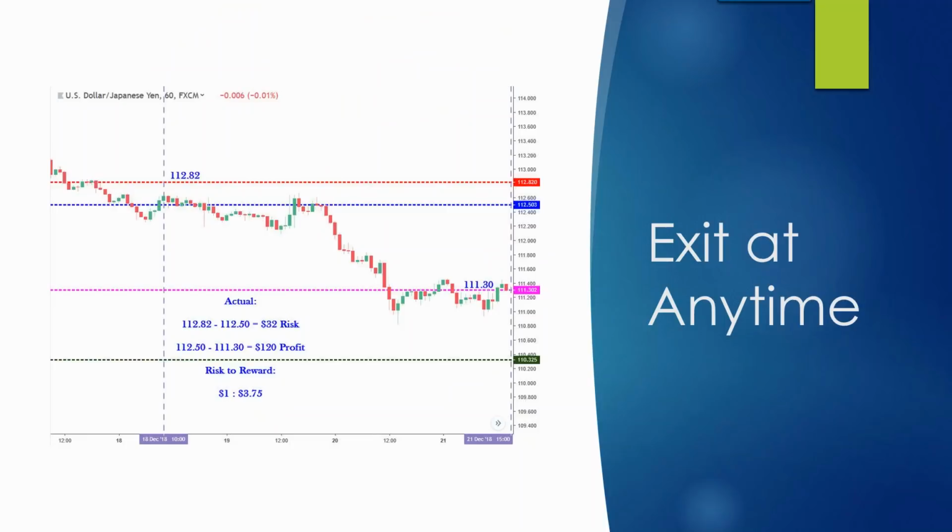Where can we find a list of available bracket instruments? Well, I'll tell you: the euro dollar, British pound dollar, USD Swiss franc, USD JPY, the US 500, which uses the underlying ES, US small cap, where the E-mini Russell 2000 is the underlying, US Tech 100, the NASDAQ, where the E-mini NASDAQ is the underlying, and then the Wall Street 30, which is the Dow, with the E-mini Dow underlying.